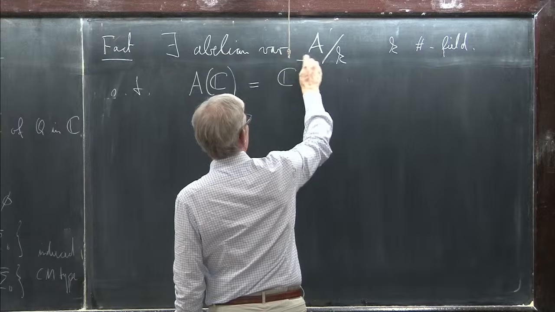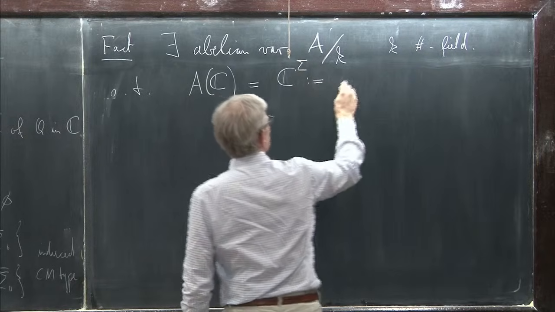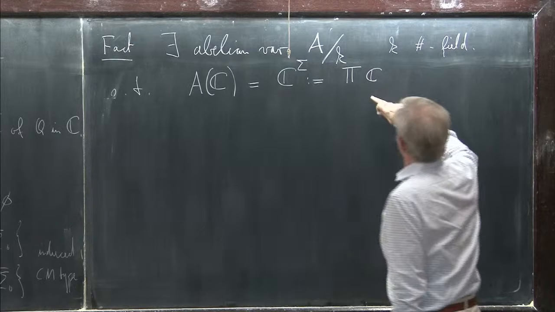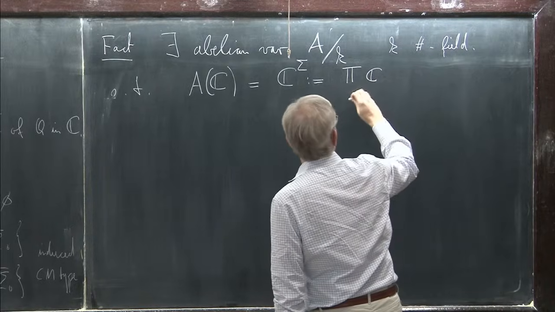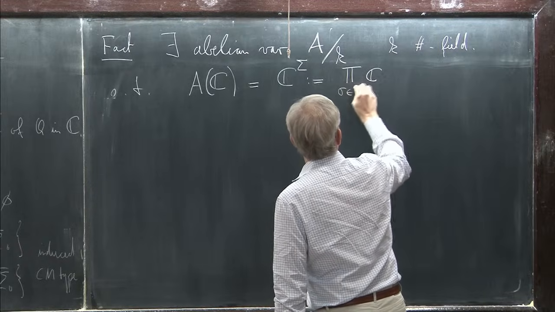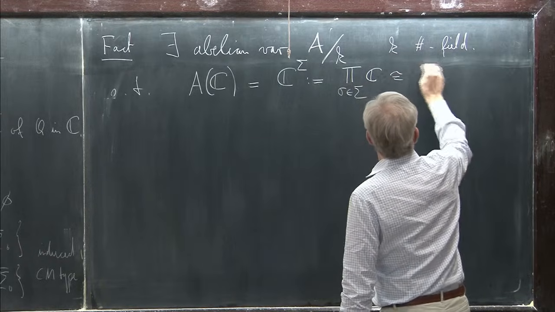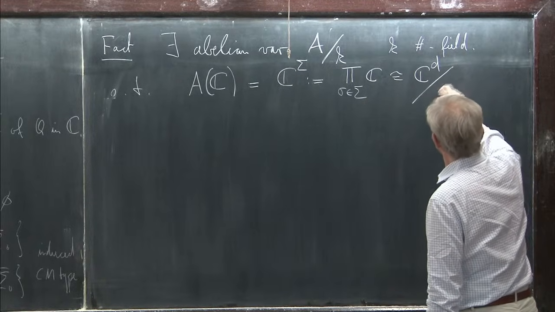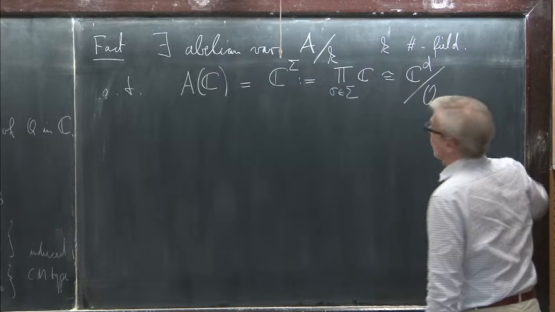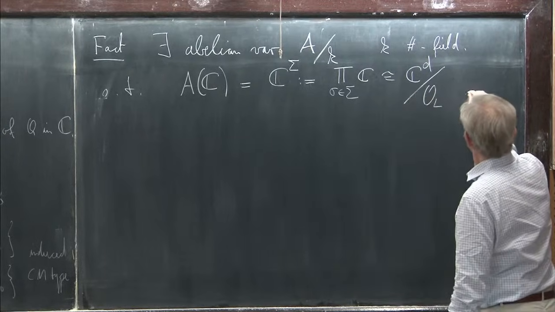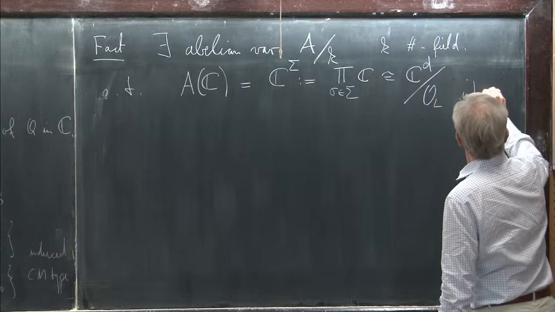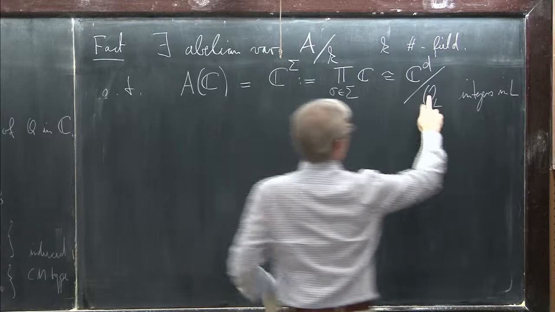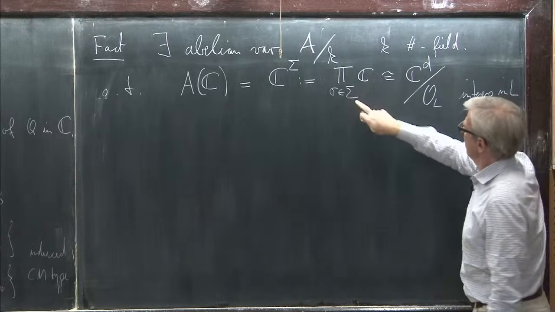You take C to the power sigma, which is a short notation for taking as many copies of the complex numbers as I have in sigma, and that's isomorphic to C to the D in this case. And you divide here by the integers O_L in that field. These are the integers in L, and you embed the integers exactly by this embedding sigma.